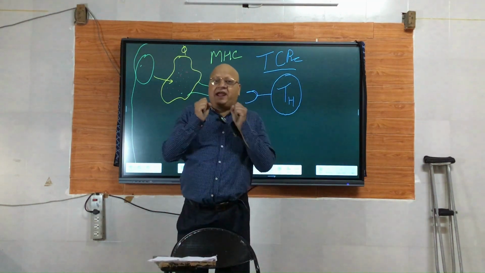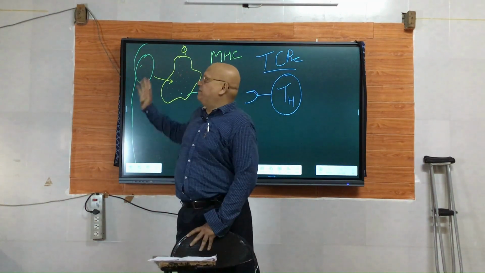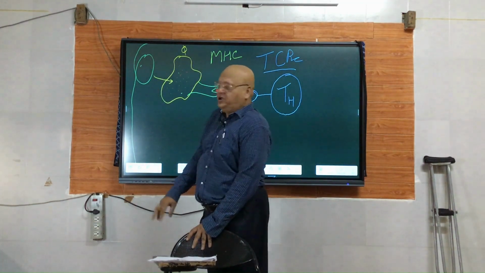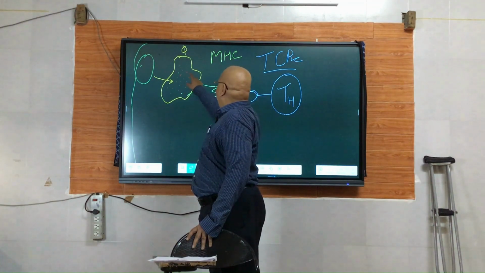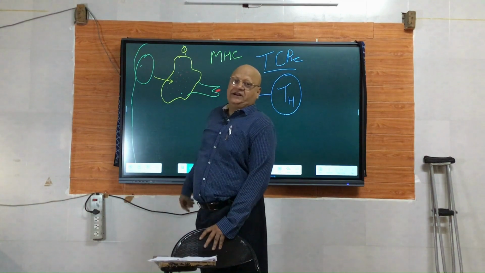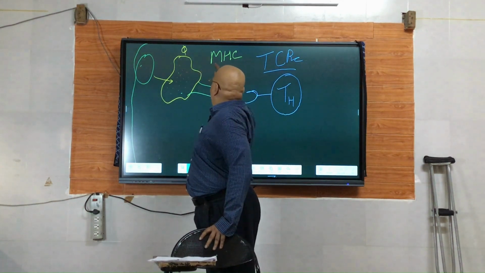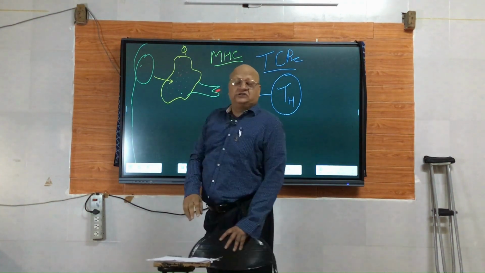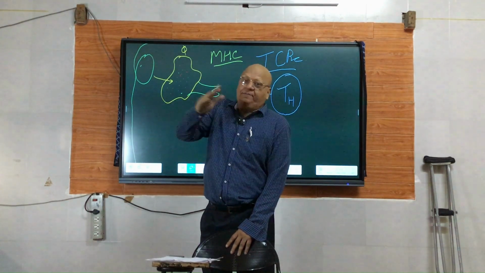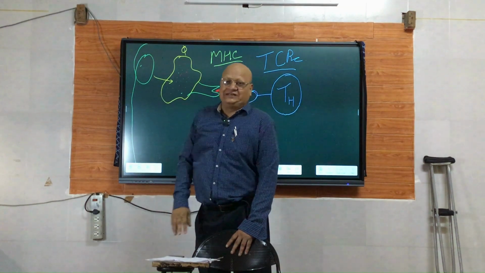These are certain heterodimers which are presented on the cell surface. They have a groove, and into this groove one of the antigenic fragments is presented. So the primary role of MHC, the major histocompatibility complex, is to transport and present the antigen on the cell surface.